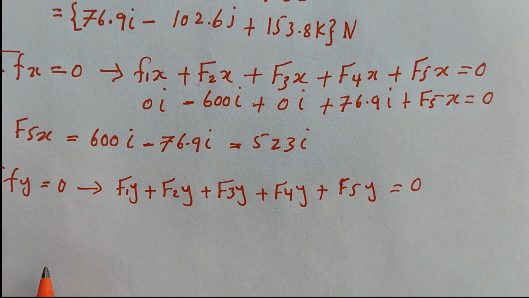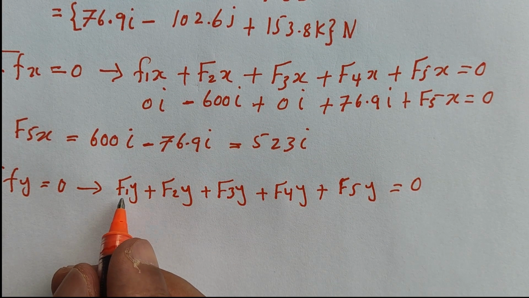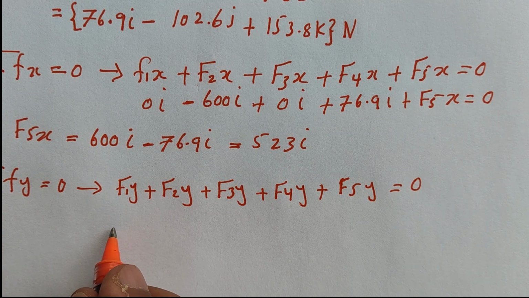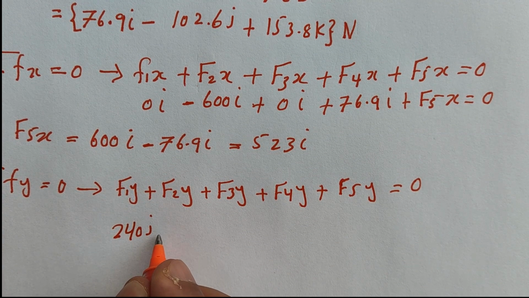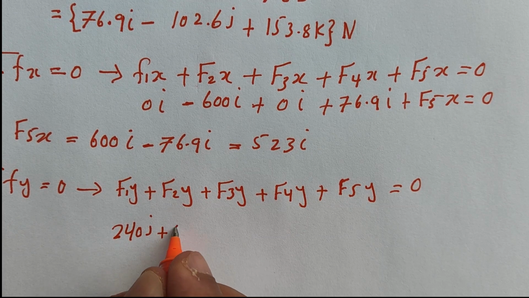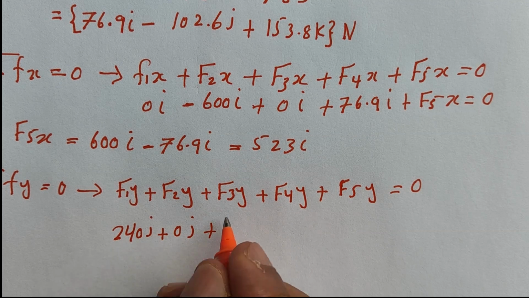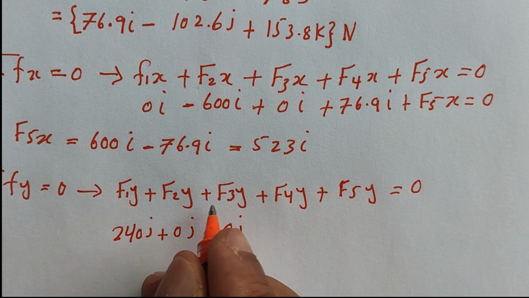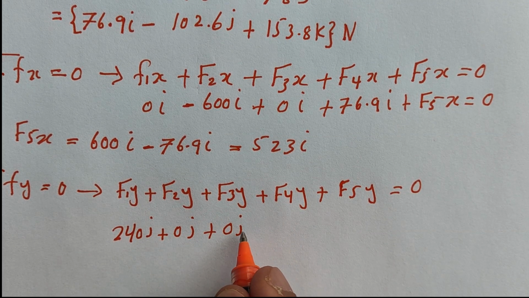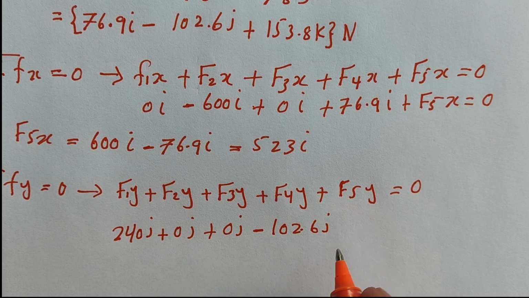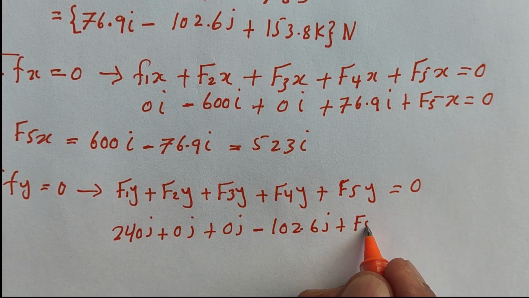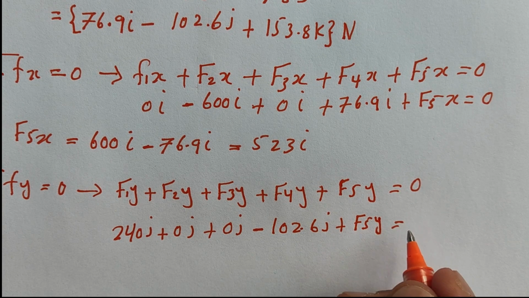Just sub all of these values in there. For F1 on the y-axis we got 240j. For F2 it's 0j, also 0j for F3, minus 102.6j plus F5 on the y-axis.